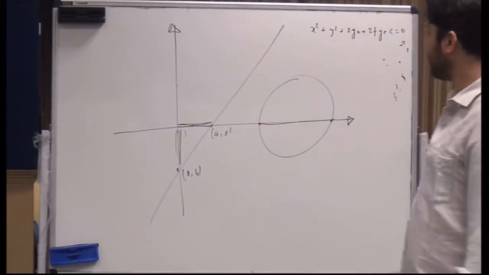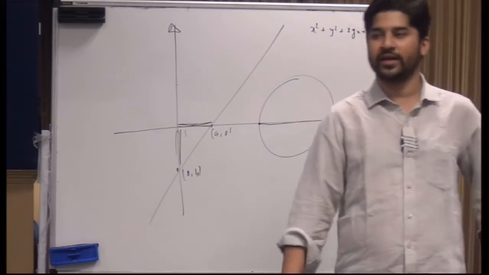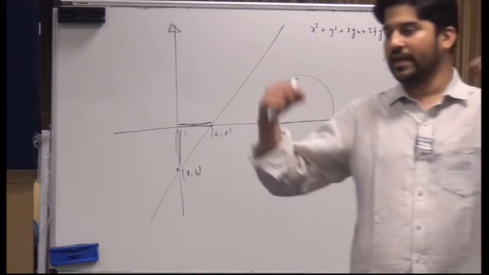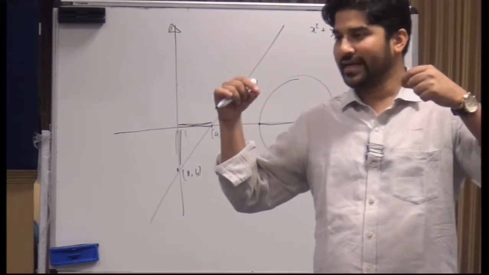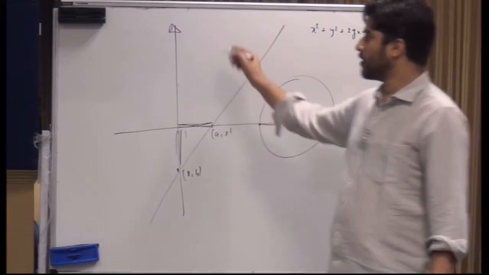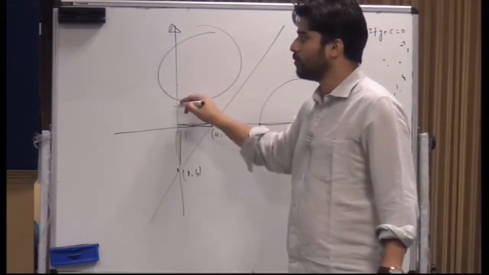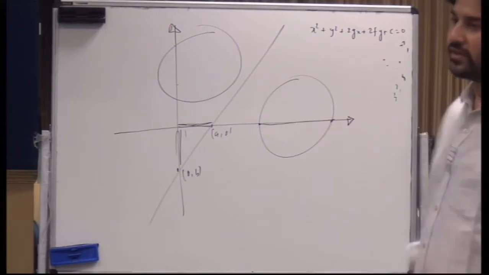But in a circle there is nothing called positive intercept or negative intercept. It's only the length of the intercept being cut by the circle. So if I say x-intercept, I'm talking about this portion. If I'm talking about y-intercept, I'm talking about this portion, right? So we have to find the length of these portions.